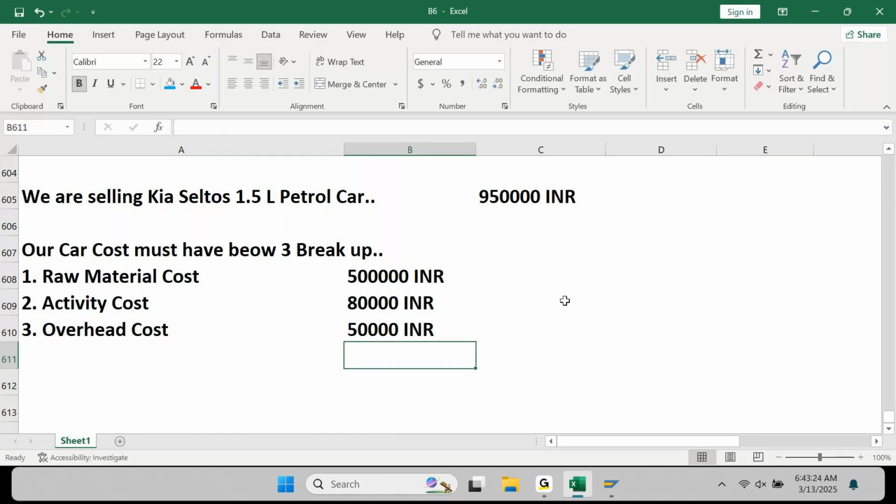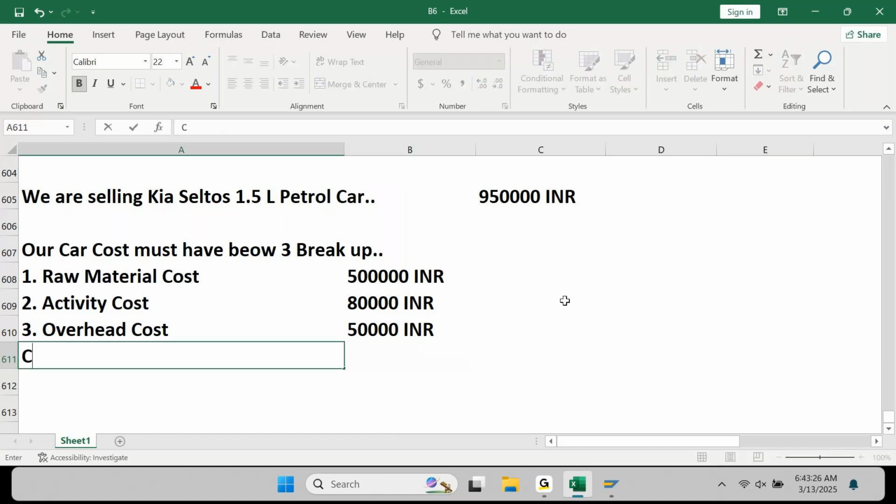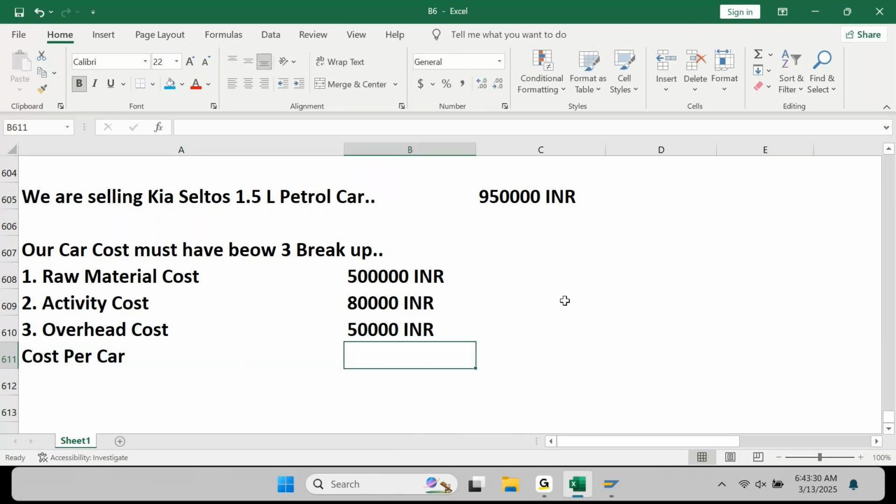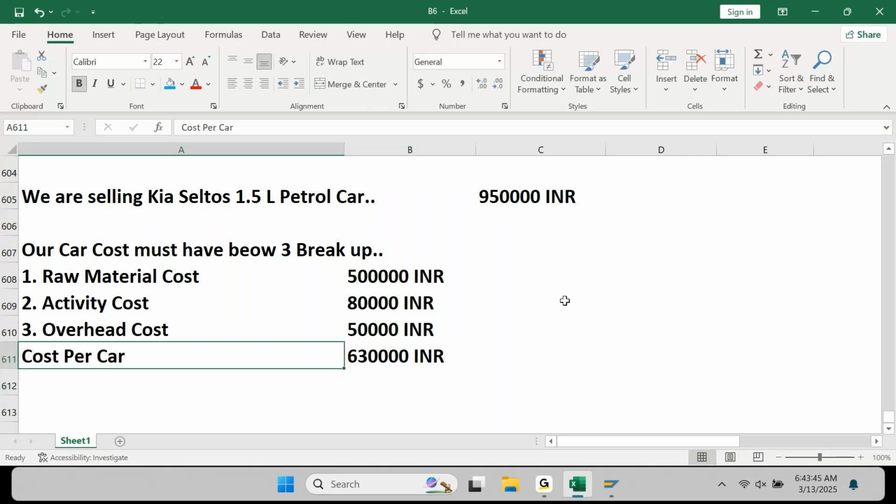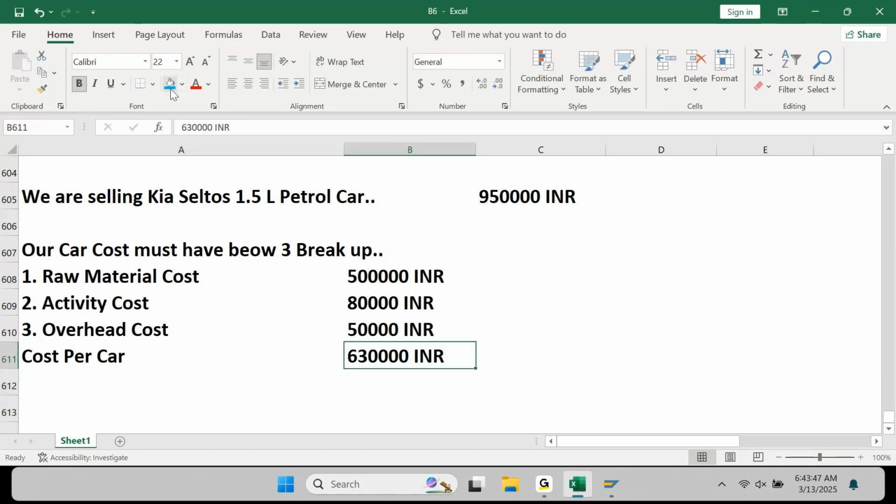Total? 6 lakh 30,000. Is this correct? Yes, sir. Cost per car is 6 lakh 30,000.